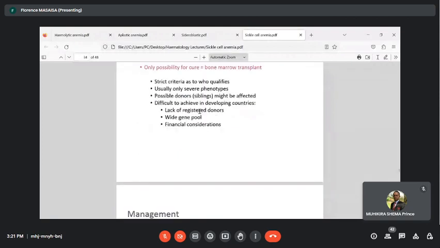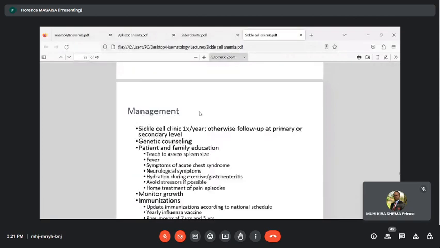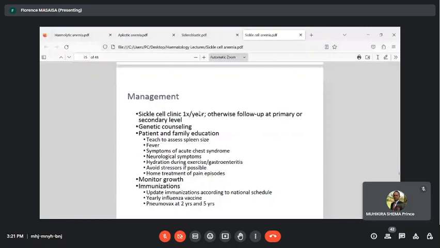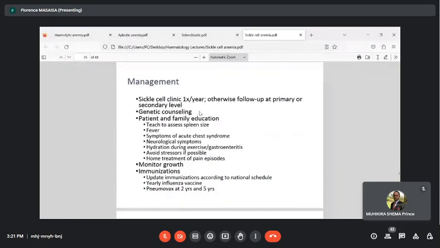Normally for sickle cell management, they should have a clinic where the patient with sickle cell disease will be coming on a regular basis over the year. They need genetic counseling, where you have to screen the family.